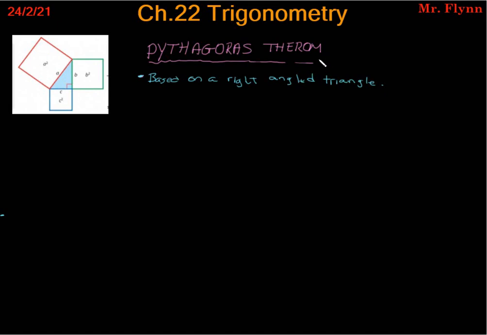So Pythagoras' theorem, based on our right angle triangle, states that the hypotenuse, which in this case is A, to be squared, so that A to be squared, is equal to the sum of the other two sides to be squared. Whatever that is, if we square it, it should equal the length of the other two sides to be squared.